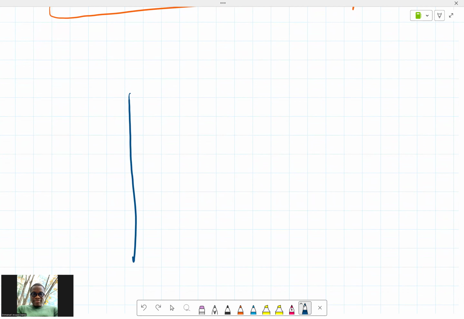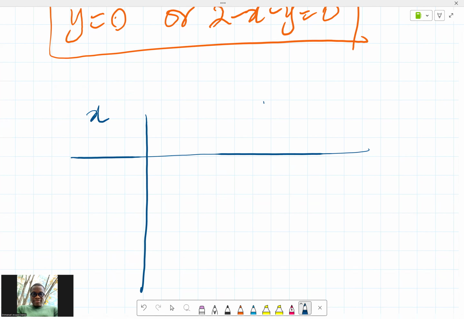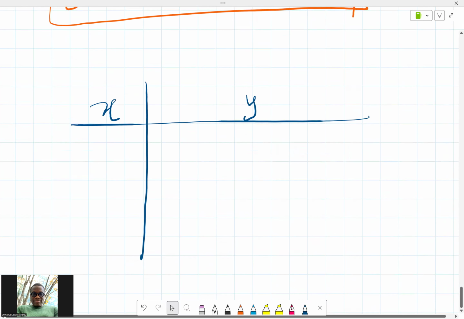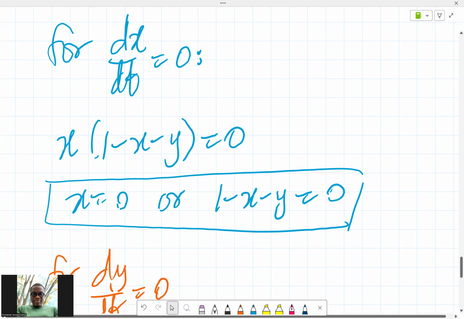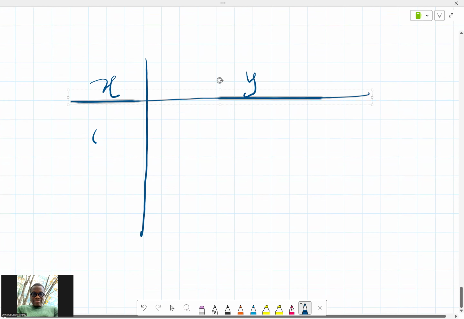Imagine you have x and you have y. So for x, x can be 0, and x can also be given by 1 - x - y.